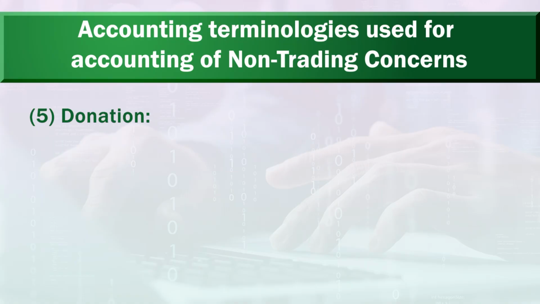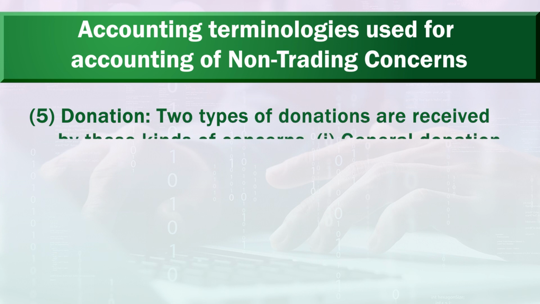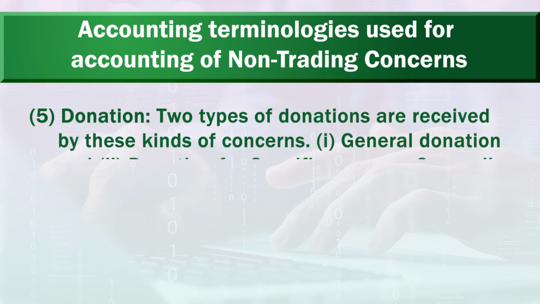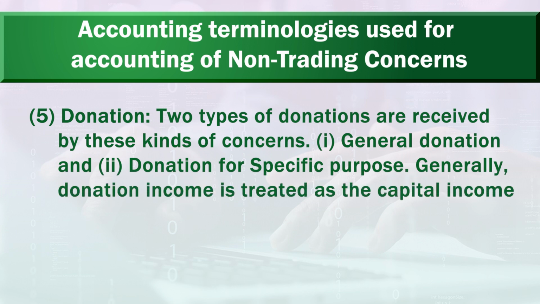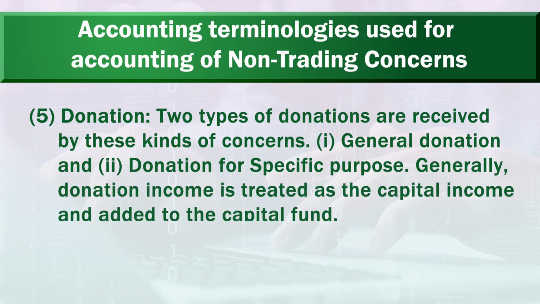5. Donation. Two types of donations are received by these kinds of concern. 1. General donation and 2. Donation for specific purpose. Generally, donation income is treated as capital income and added to the capital fund.